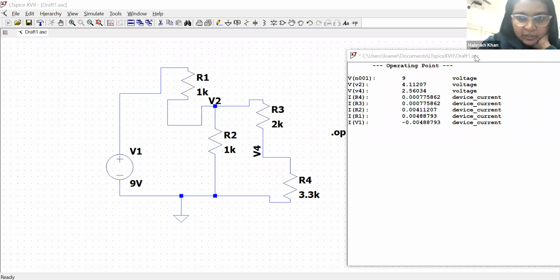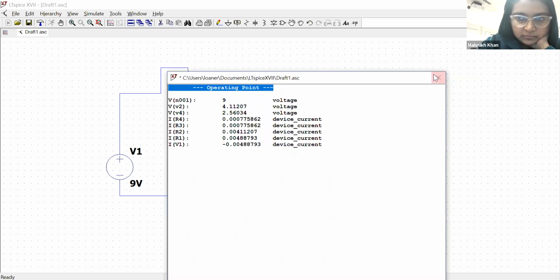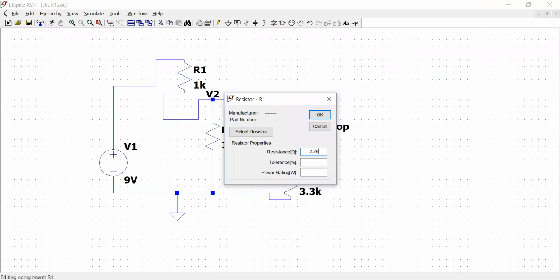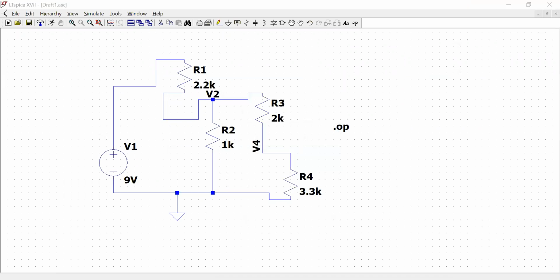So you were having, okay, now I have values too. You were having 2.2K, 1K. Do you remember the circuit? Yeah, it's the very last circuit. 2.2K, 1K, 4.7K, and 3.3K.